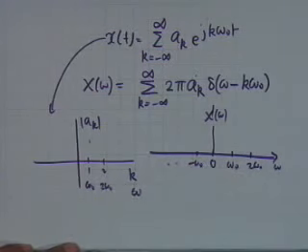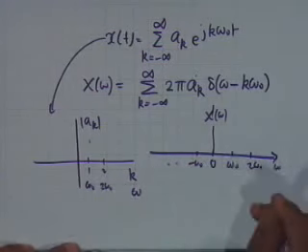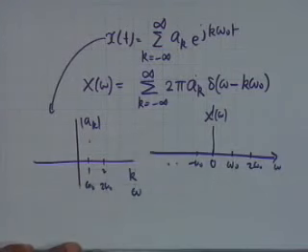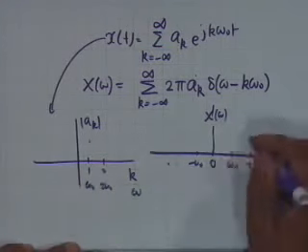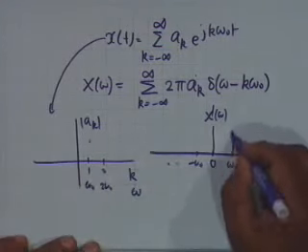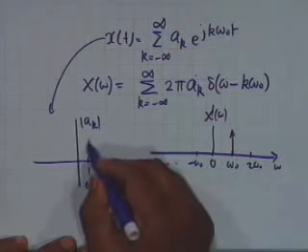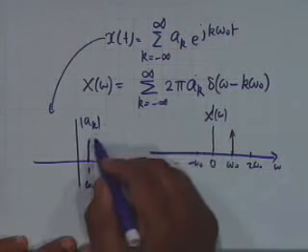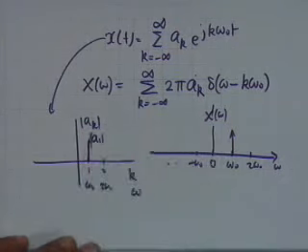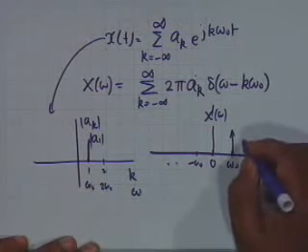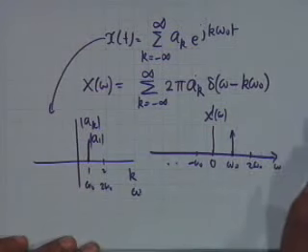At each frequency, however, you don't have a line now, you have an impulse. The line here would have been of magnitude, let's say a_1, whereas the impulse now is of strength 2 pi times a_1.